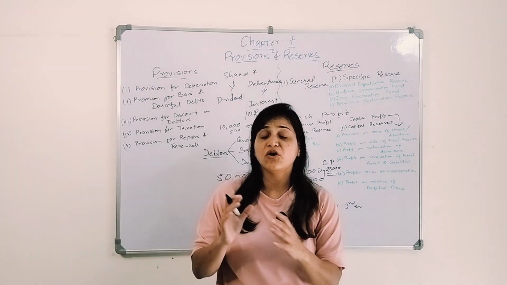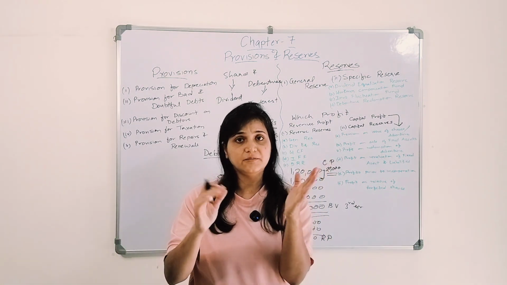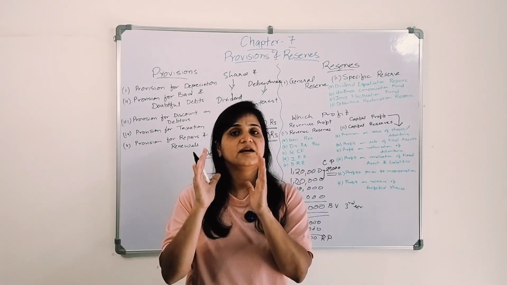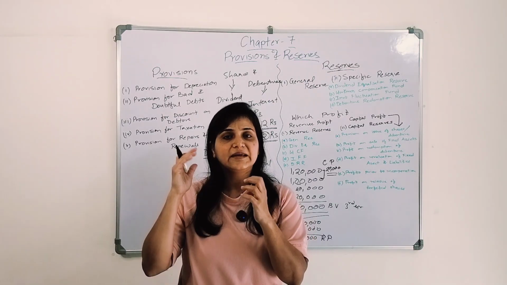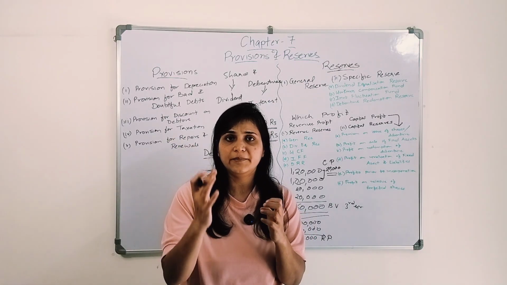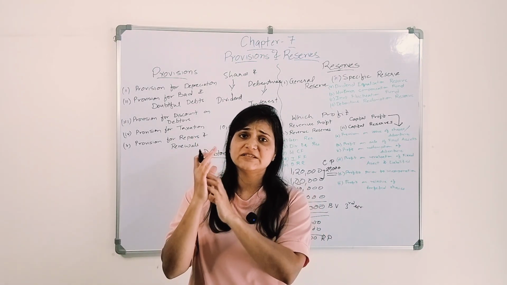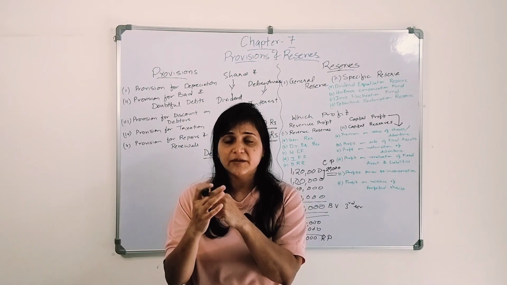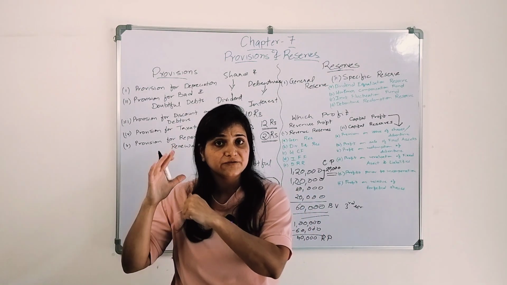Next is profit on redemption of debentures. We studied issue of debentures and redemption of debentures. Redemption means when you pay off the money. The company can purchase its own debentures from the market. When they purchase debentures from the market, they pay a lower price as compared to the face value.